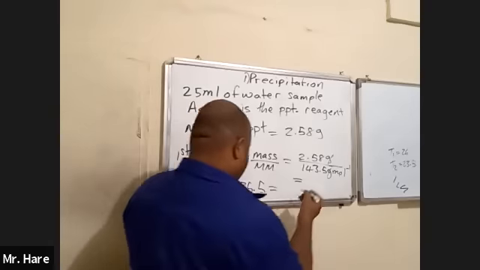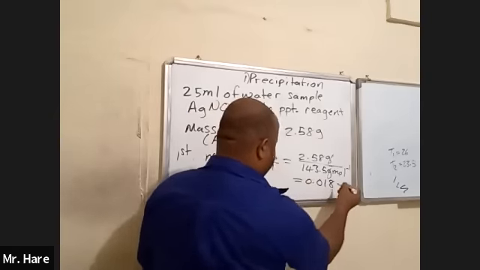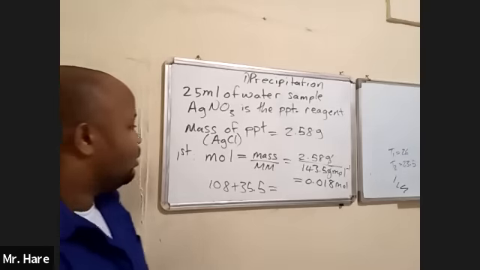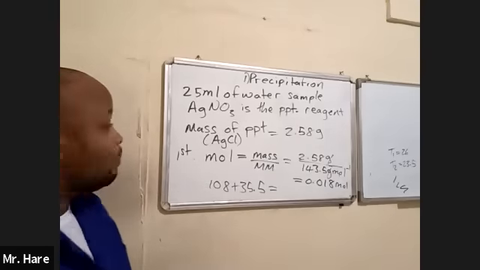All right, so we're going to work with 0.018. So the first thing we'll do is calculate the moles of our precipitate. It's just the mass divided by the molar mass.